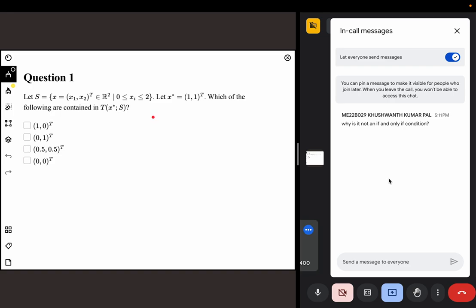You can just say, okay, since all of them are in the feasible region, you don't have to worry about anything.